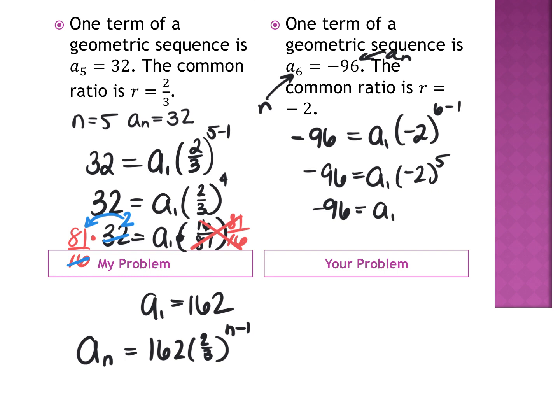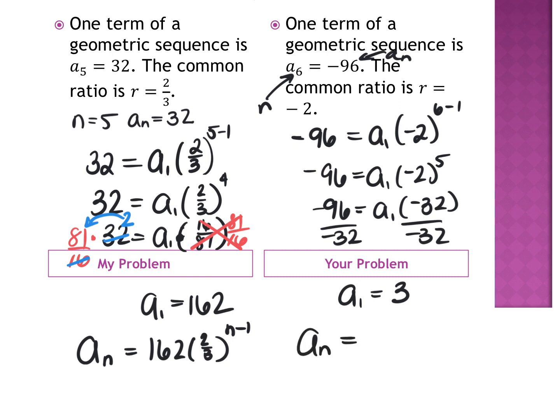Negative 96 equals a1 times negative 32. Divide by negative 32 to solve for a1, and a1 equals 3. So my formula, an equals 3 times negative 2 to the n minus 1 power.